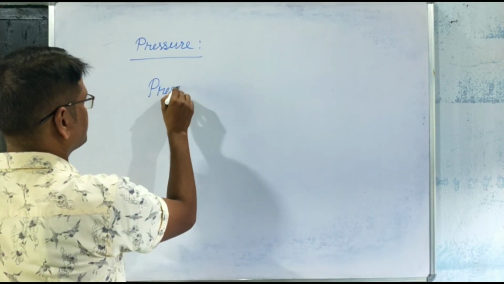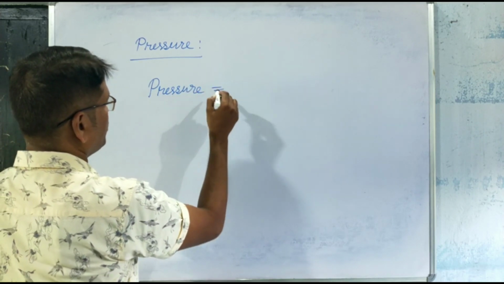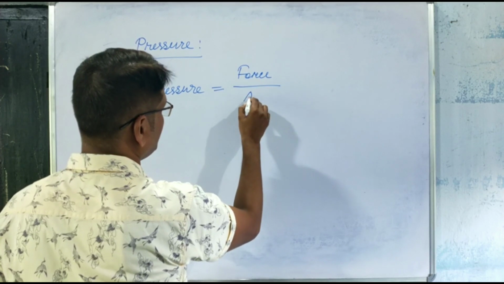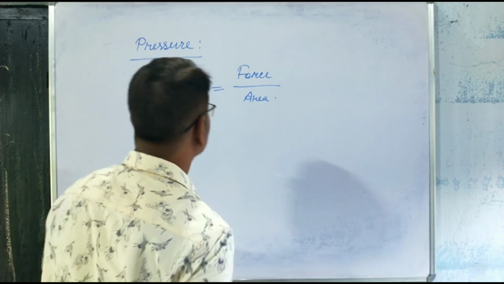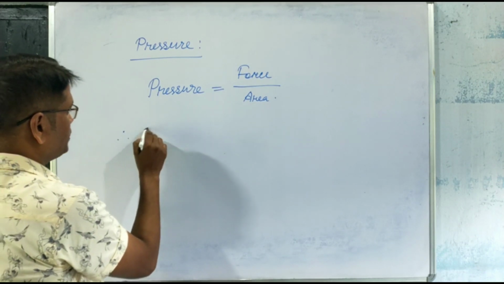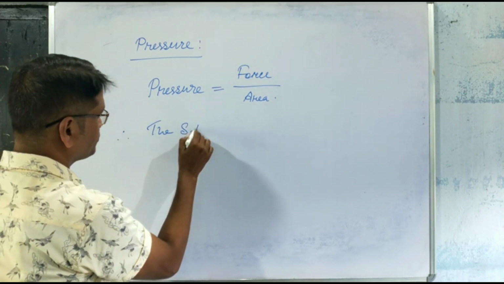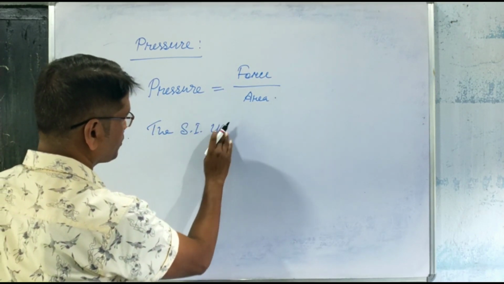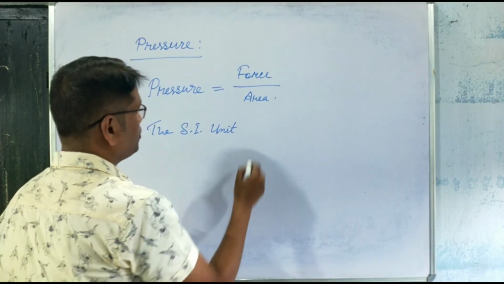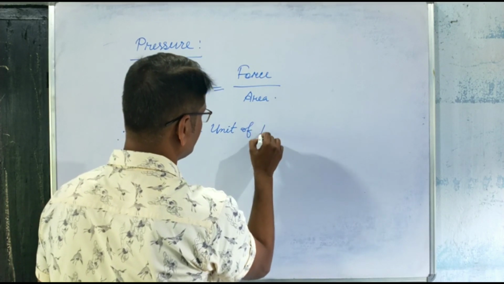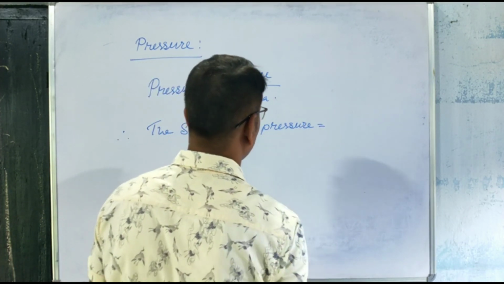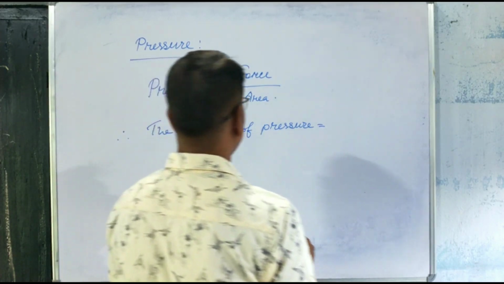That means pressure is equal to force divided by area. So therefore, the SI unit of pressure is equal to what?